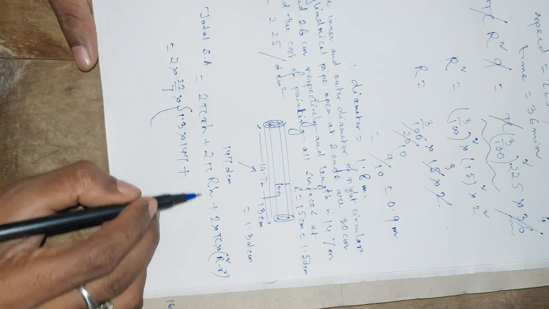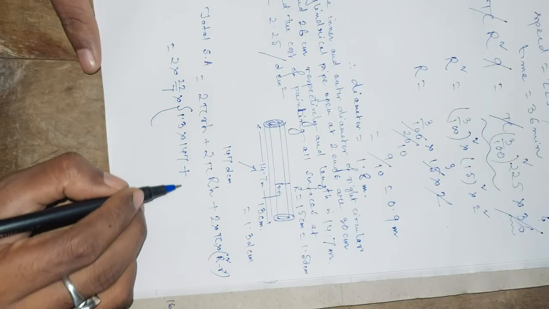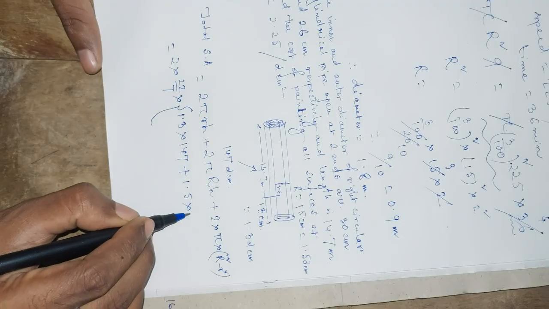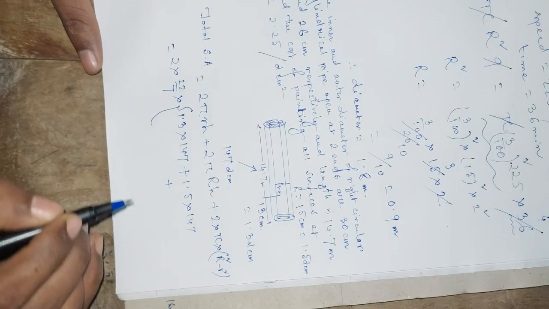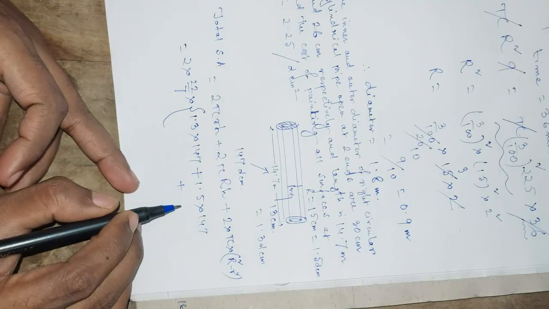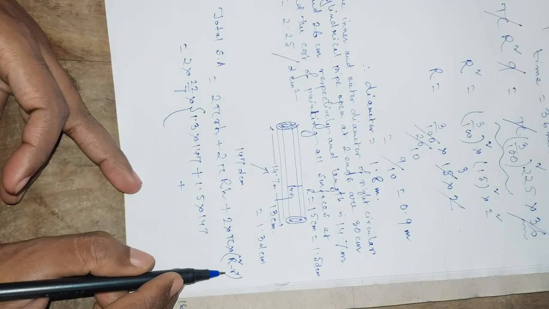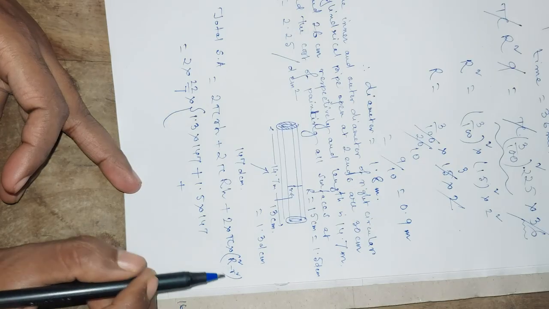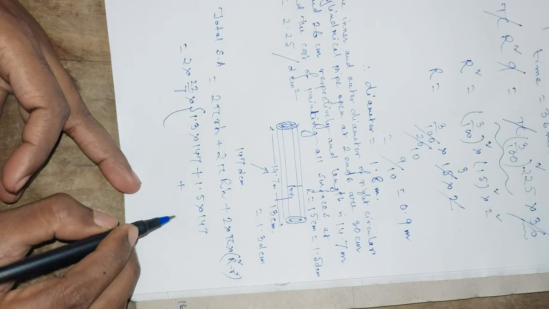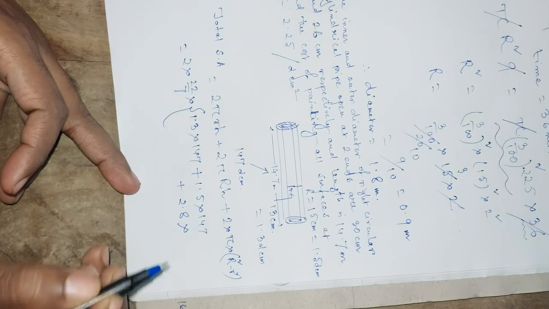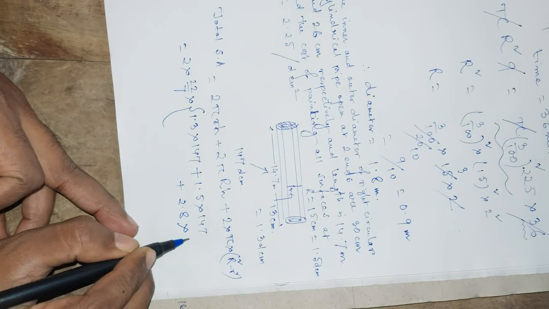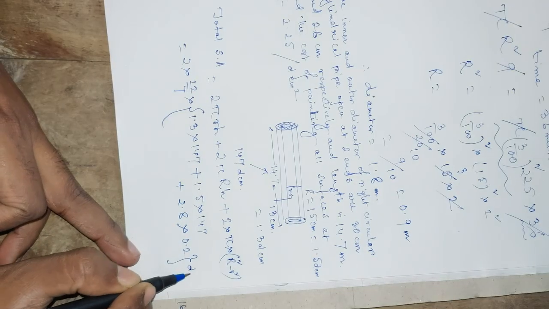And now capital R into h, that means 1.5 into 147 plus a square minus b square, that means a plus b into a minus b. So capital R plus small r is 2.8 into capital R minus small r, that means 0.2 dcm square.